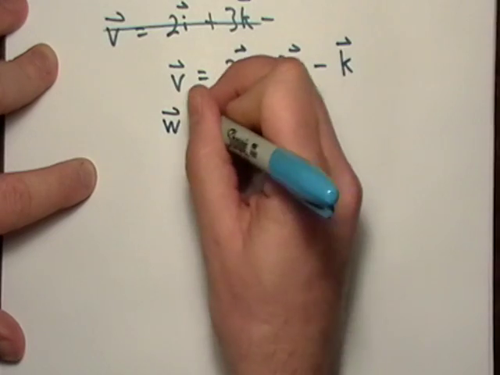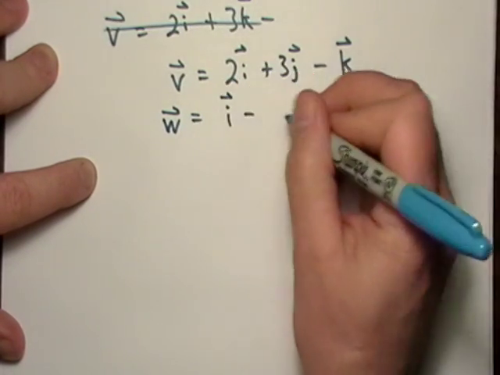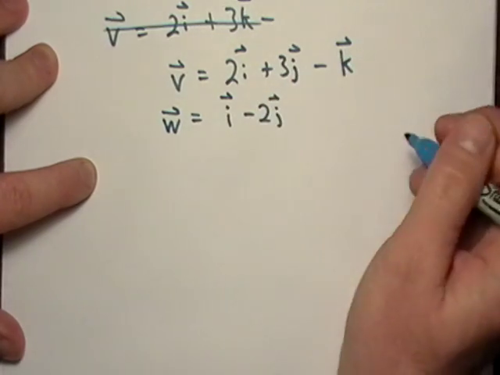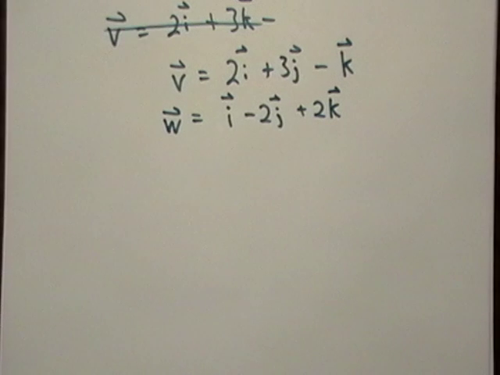And w is going to be i minus 2j plus 2k. Okay, we'll do it like that.